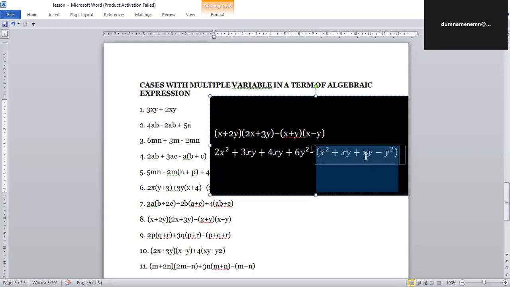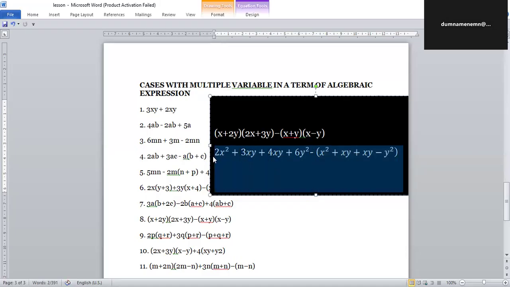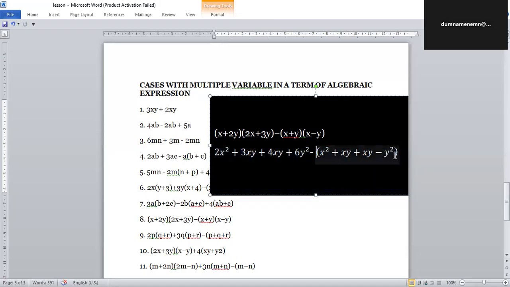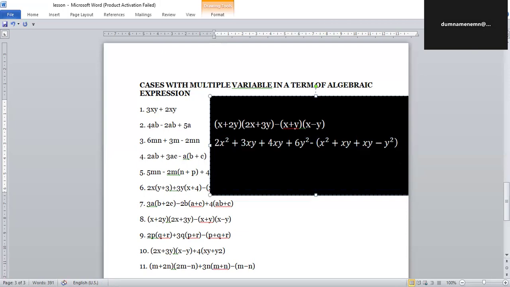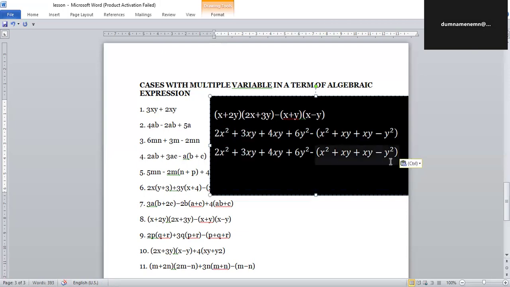Just watch. So negative multiply x is going to be negative x squared. Negative multiply this is going to be negative. Here will be negative. Then negative multiply negative here is going to be what?